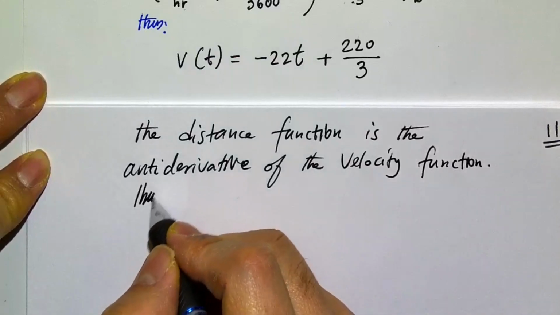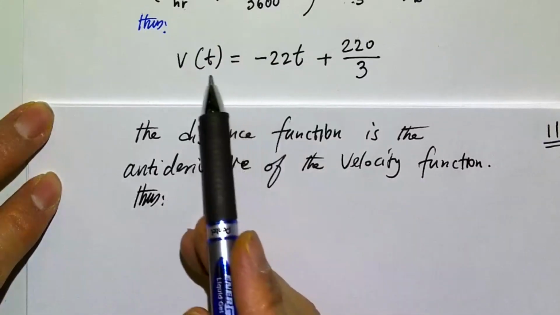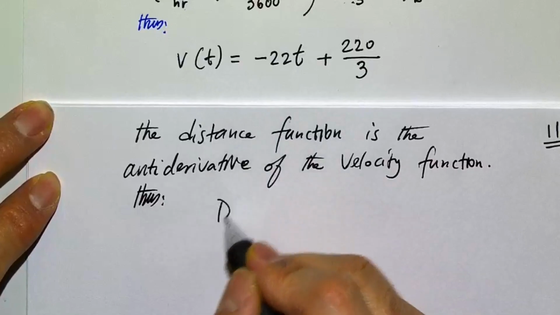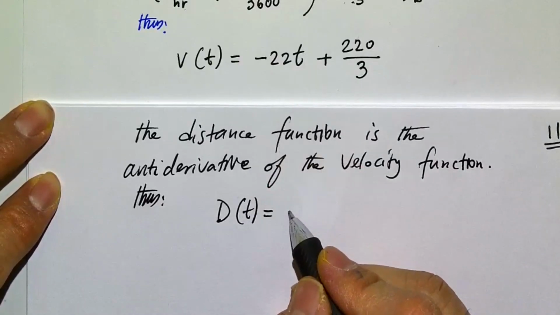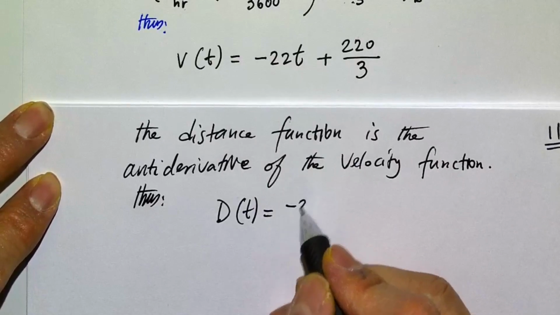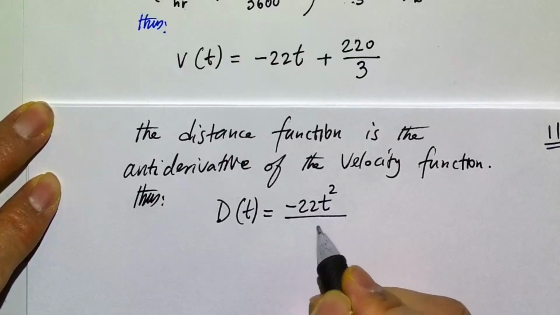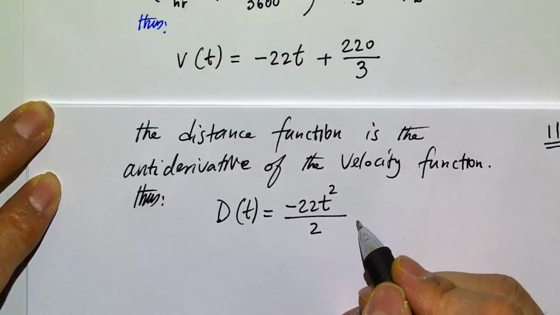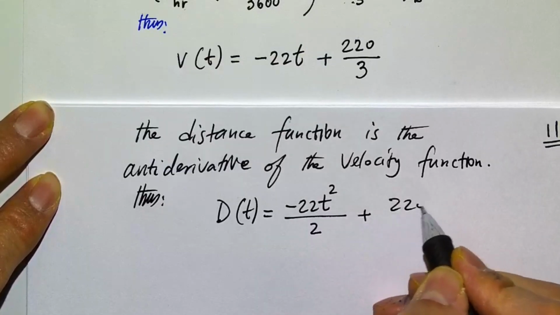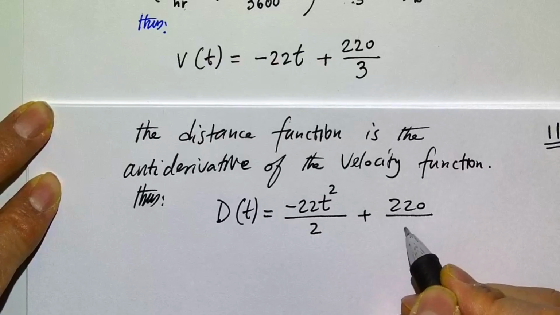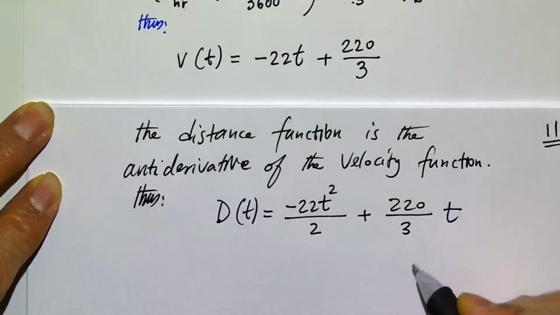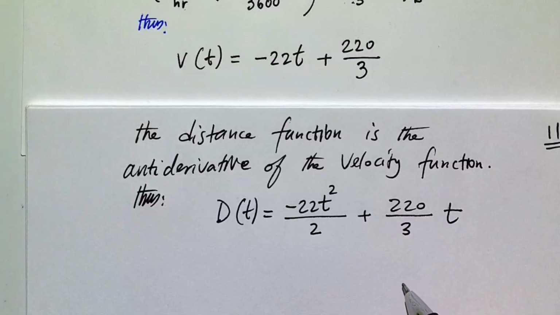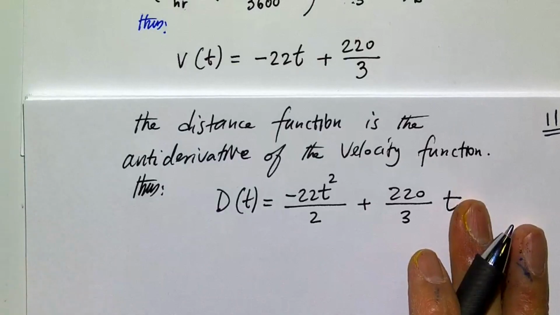So we need to find the antiderivative of that with respect to dt, and that would be minus 22 t squared divided by 2, plus 220 over 3 times t, right, like that. So of course we can simplify that.